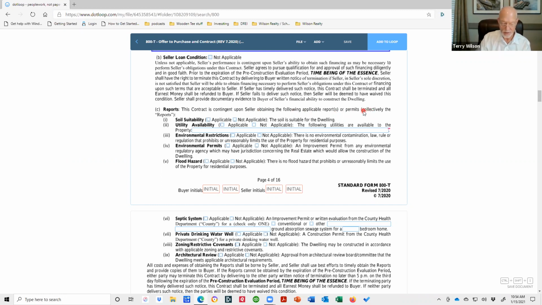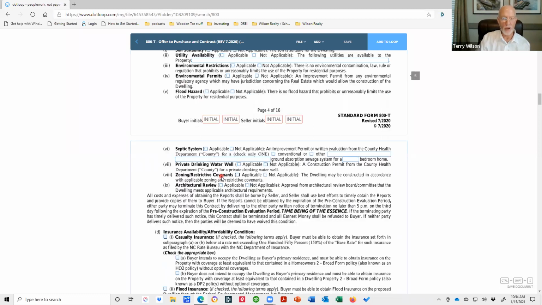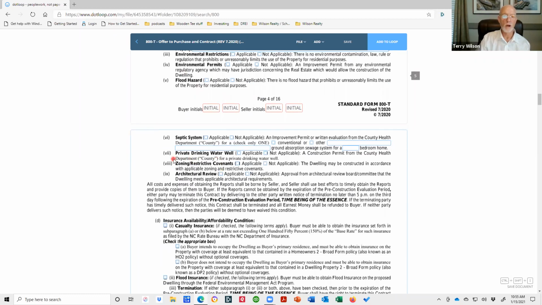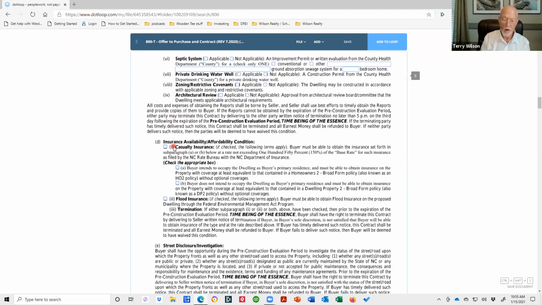And if they can't get them, then they can't go forward with the contract because this contract is contingent upon them getting them. Seller's got to get soil suitability test, utility availability, environmental restrictions, environmental permits, flood hazard, septic, private drinking water, zoning, restricted covenants, architectural review, blah, blah, blah. All of those reports they need to get.